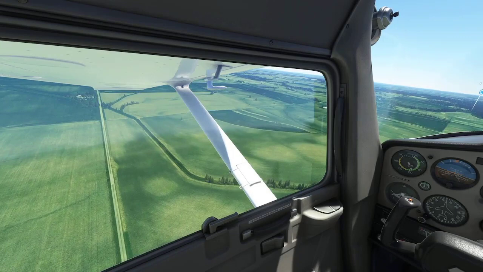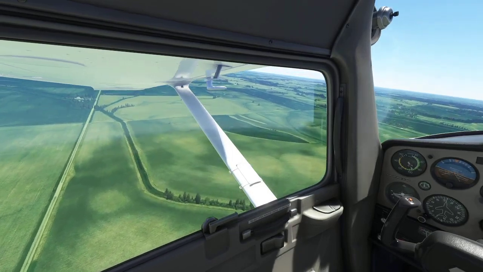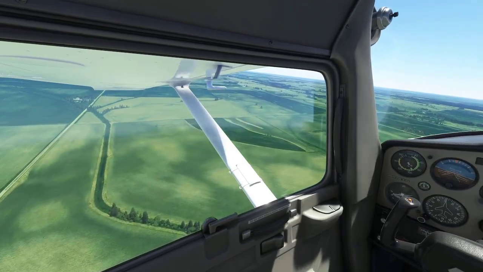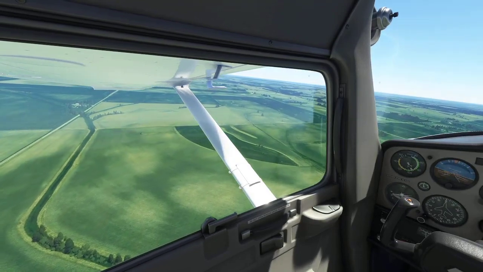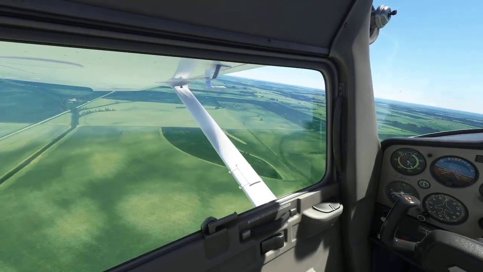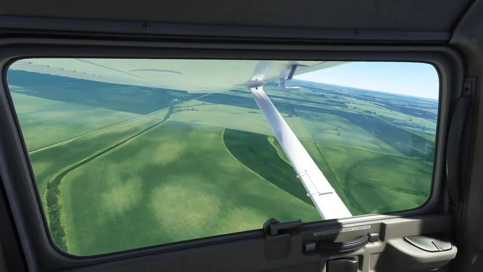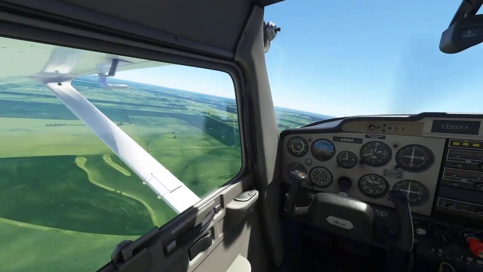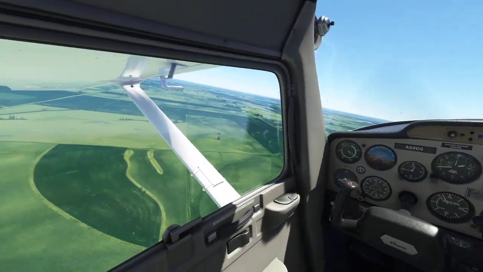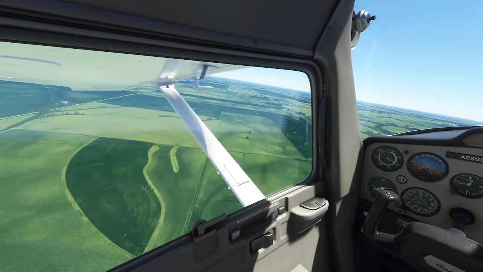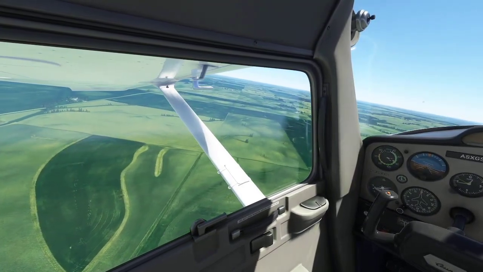And then once we cross that, we're going to start to gradually decrease the bank all over again. And again, I'm too far out from the house, but I hope you can see the house over there. So my circle probably looks like an oval. So you might want to make your circles tighter.